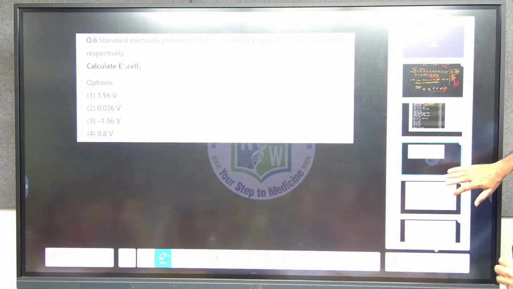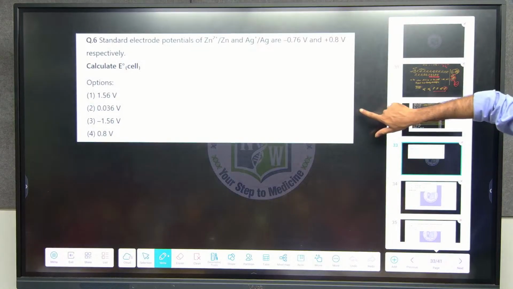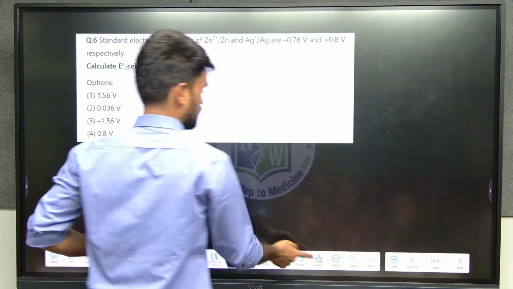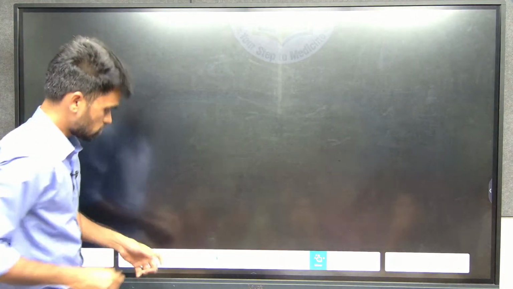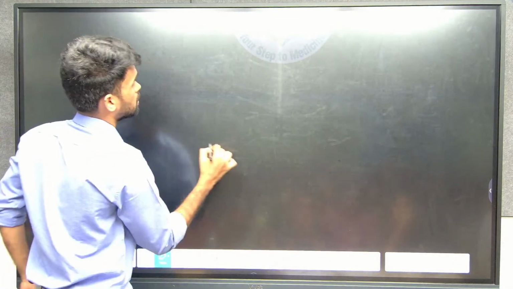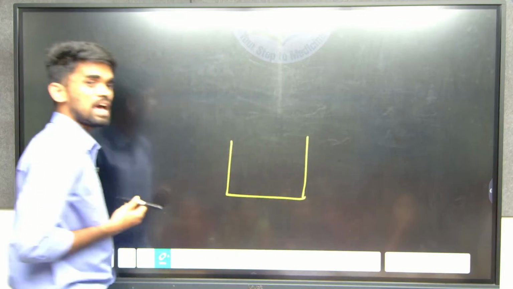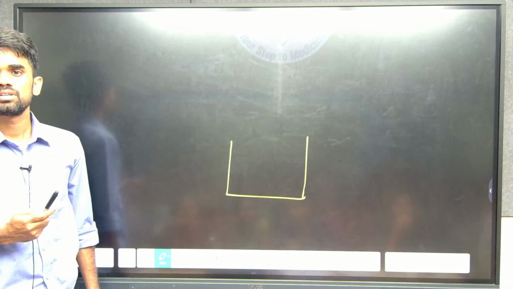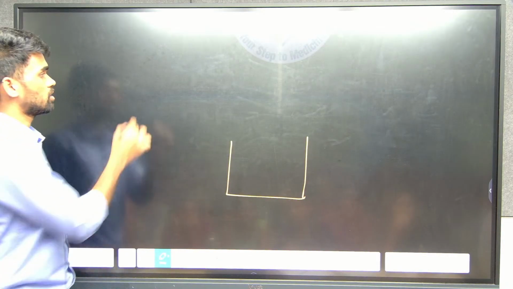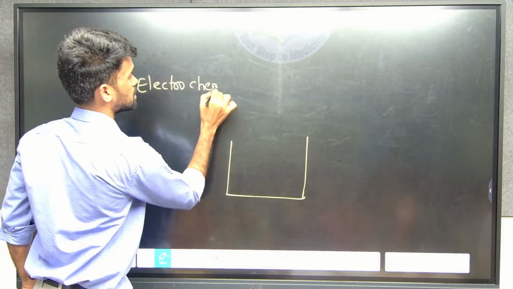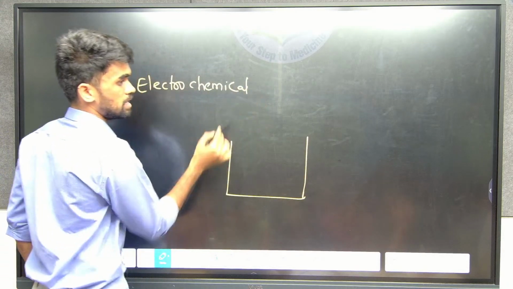Okay. Next one. I think you are much familiar with this galvanic cell. So let us discuss this galvanic cell before solving some questions. So what is the use of galvanic cell? There are two types of cells, electrochemical cells and electrolytic cells.